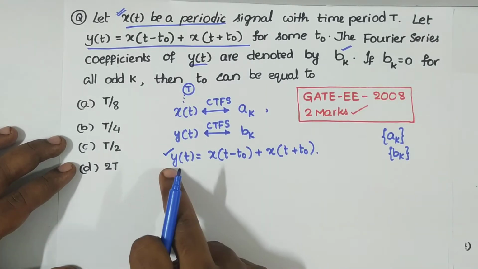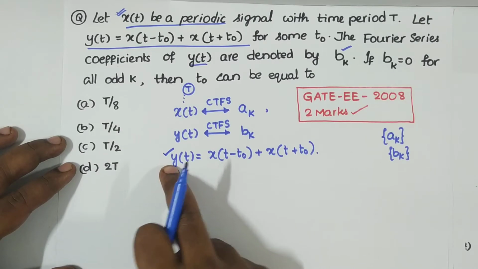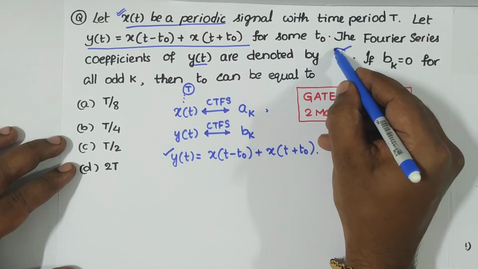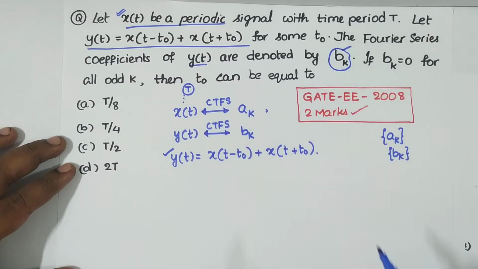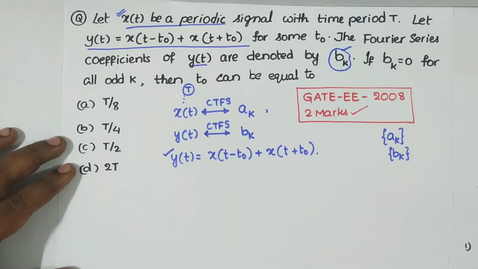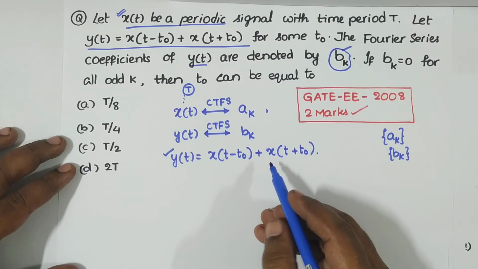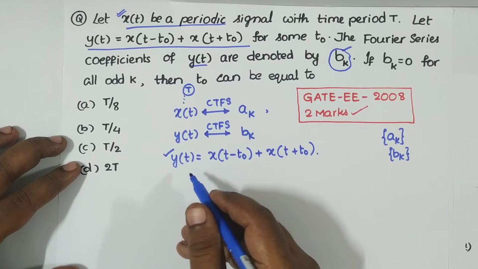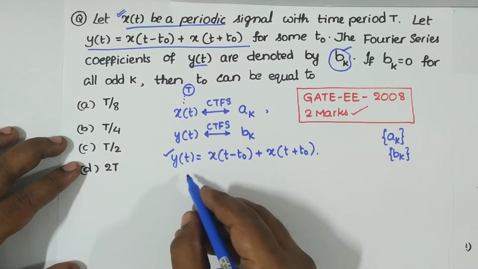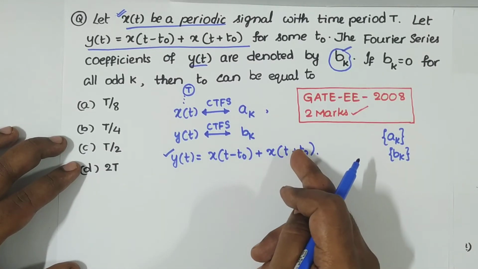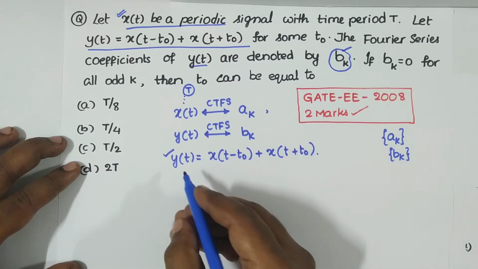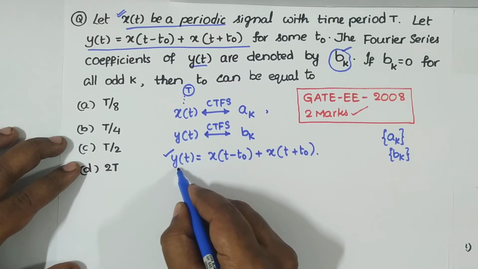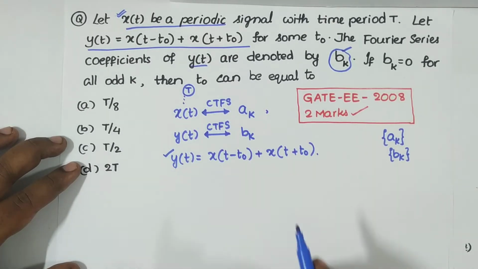As y of t is periodic, therefore he is mentioning that y of t is denoted by Fourier coefficients p k, because we can apply Fourier series techniques only over periodic functions. Now as x of t is periodic with fundamental time period capital T, this fellow is also periodic with the same fundamental time period capital T.